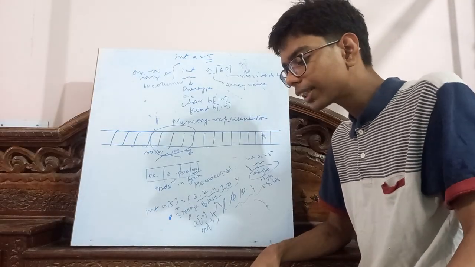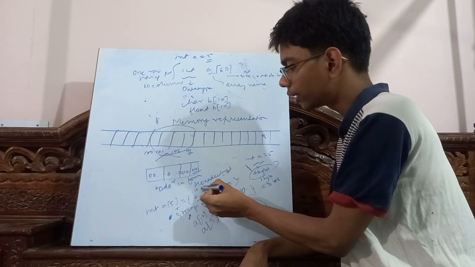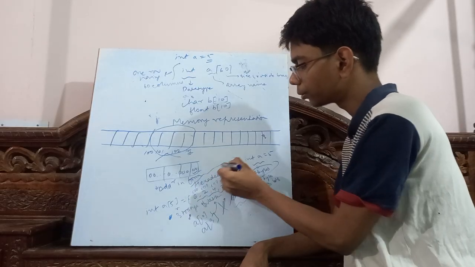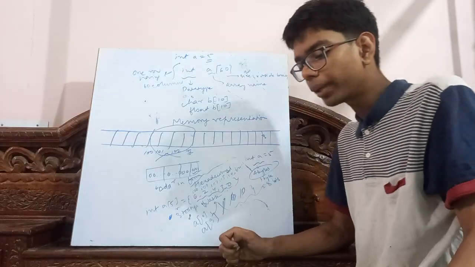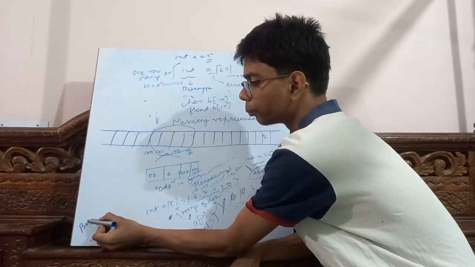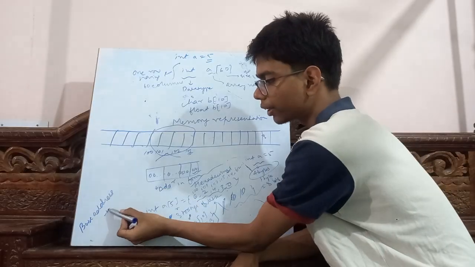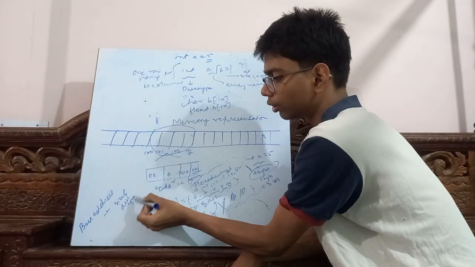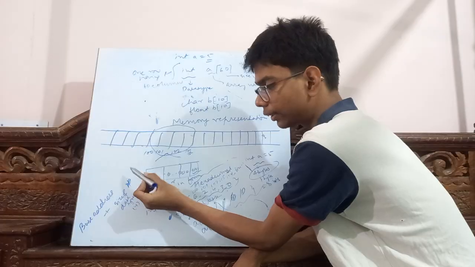Now, how to access an element? Suppose this is at index 0, this is at index 1, index 2, index 3, index 4, or I can say size minus 1. To access the location of an element, I will use the formula: base address, which is the first element's address, plus the size of the data type, that is 4, multiplied by the index.